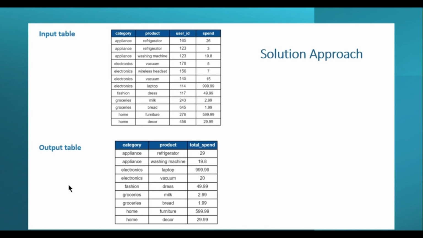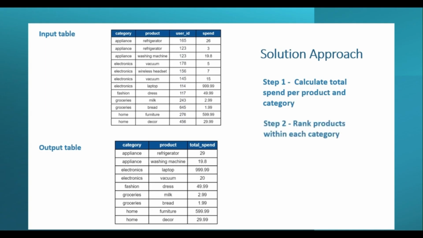The first step is to calculate the total spend per product and category. To do that, we will group the data by category and product to find the total spend for each combination. The second step is to rank the products within each category.